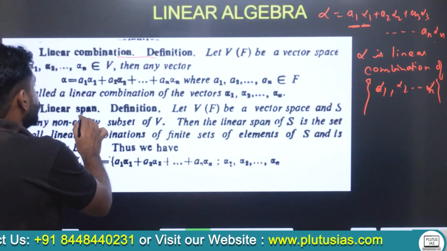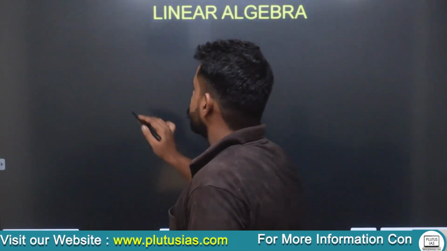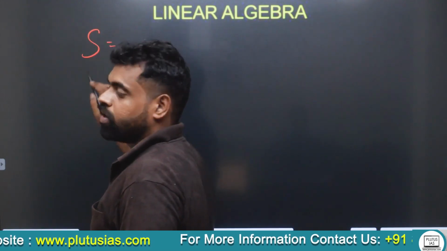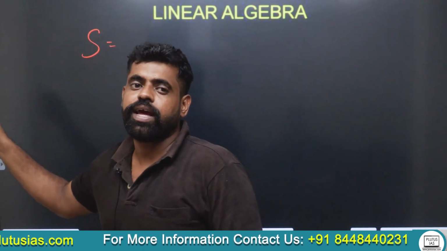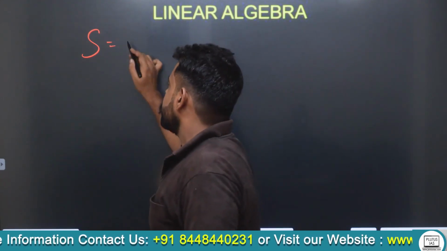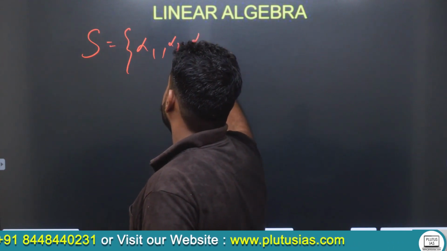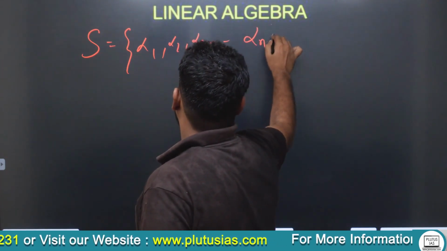So what is a linear span? Suppose I take a set S. This set S would be a subset of the vector space, and suppose it has n elements, that is alpha 1, alpha 2, alpha 3, ... alpha n.